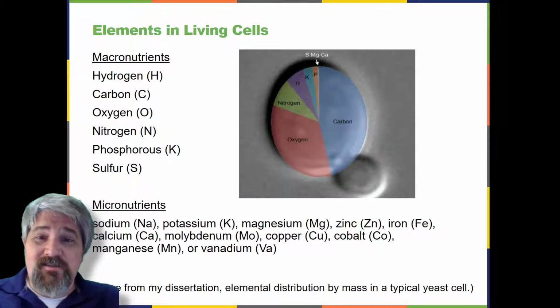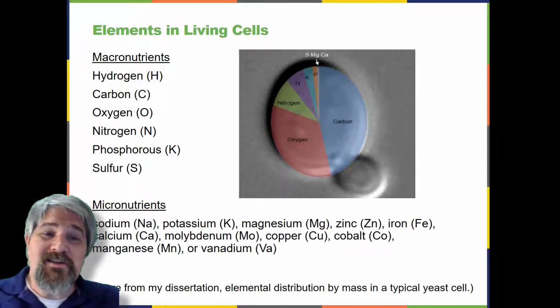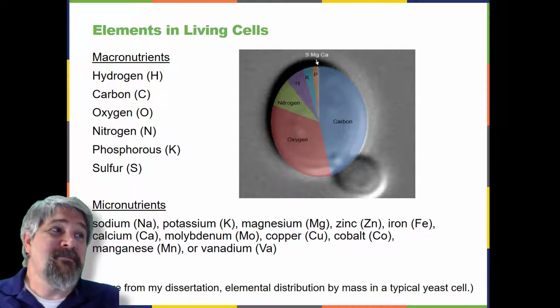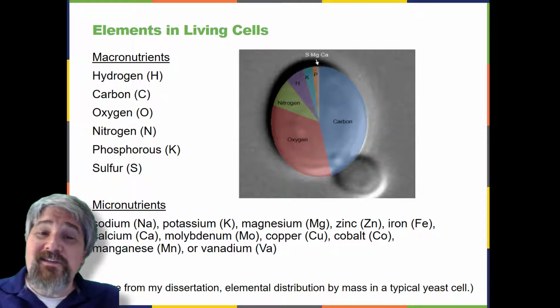Elements in living cells. The most abundant element in cells is hydrogen, followed by carbon, oxygen, nitrogen, phosphorus, and sulfur. We call these elements macronutrients, and they account for about 99% of the dry weight of cells.